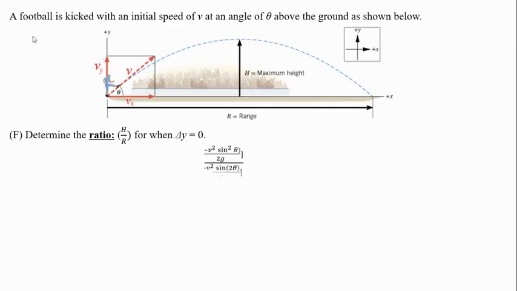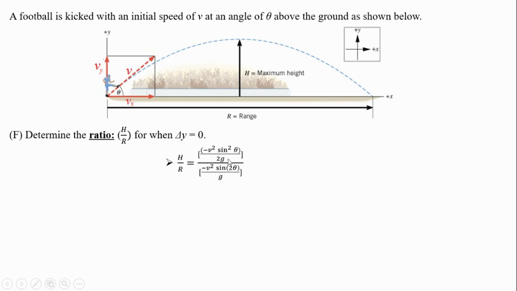All right, so it wants us to find the ratio for h over r for when delta y is equal to 0. So here we have r, and then it just wants us to do a ratio for h over r. So h, according to my work in the previous parts, is negative v squared sine squared theta over 2g. And then r, we just found in part E, which is negative v squared sine 2 theta over g.